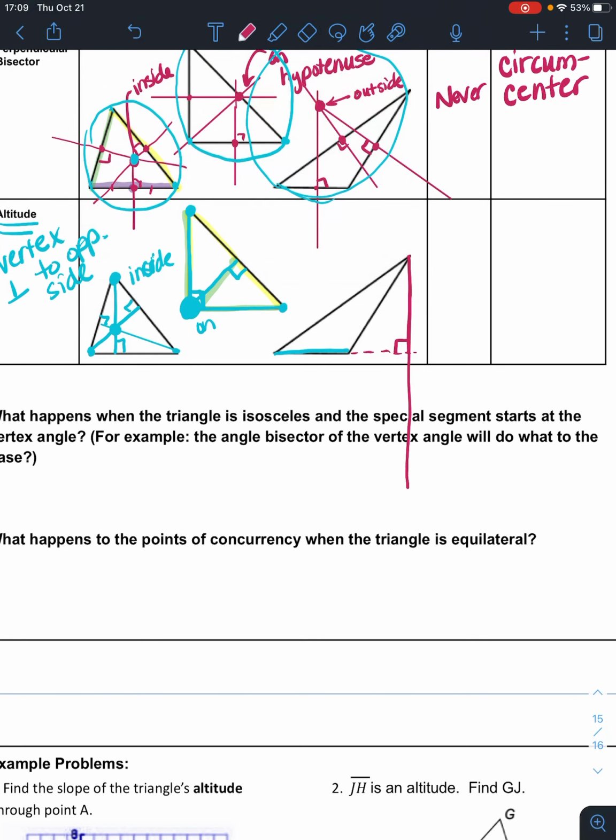And then we need to do the same thing from another vertex. So imagine rotating it around now and setting it on that side. Then we're going to extend from the vertex perpendicular to that side. It's going to go right there. Imagine that it's extending backwards.